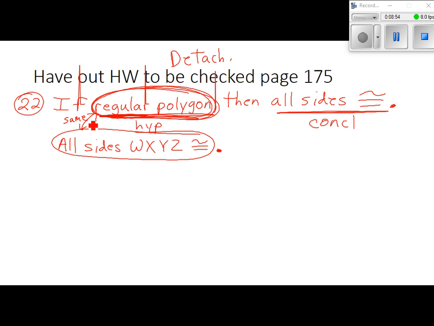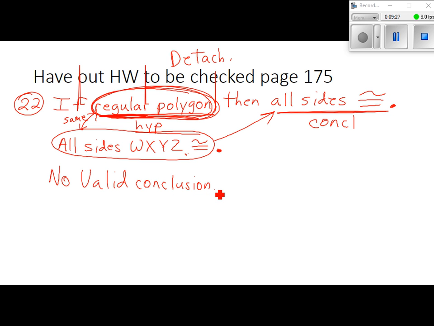Are they the same this time? No. As a matter of fact, this is actually the same as the conclusion, right? So can we use the law of detachment? If those two aren't the same, can we use law of detachment? No. So can we draw a conclusion from this? So we write, I think they said, write no valid conclusion.